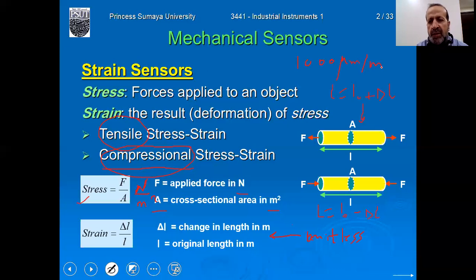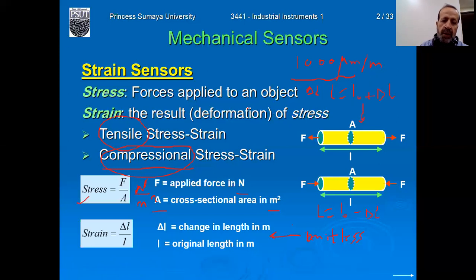So we know that they will cancel, but this way of expressing the strain is more understandable and clearer, because when you say 1000 micrometer, this is the change in length, this is delta L, per meter, which is the length of the rod or wire. So we have 1000 micrometer per 1 meter of length. If we have 2 meter length, then we have to multiply this by 2.